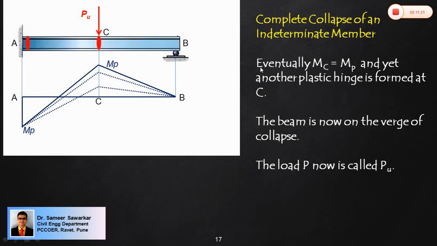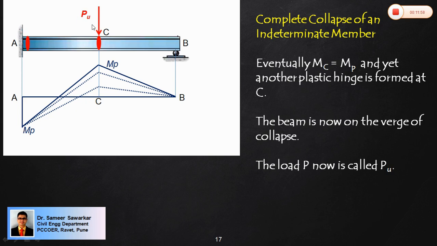Eventually, the load has become so large that even at section C, the bending moment becomes equal to the plastic bending moment MP, and yet another plastic hinge is formed at C. So now see what has happened. One plastic hinge is already formed here. This bending moment is the ultimate moment of resistance, that is the plastic moment of resistance.